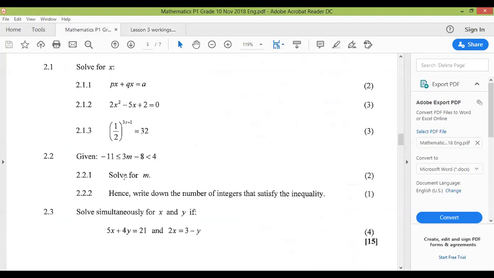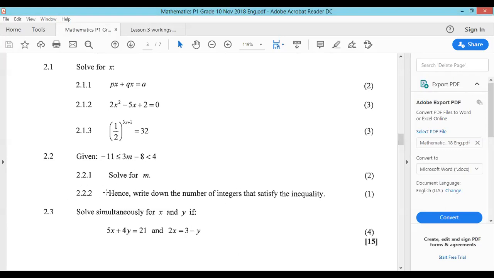It says to you now, given that negative 11 is less than or equals to 3m minus 8, less than 4. Then this is just a statement, right? Then the question says 2.2.1, solve for m. Now we are solving for m here.